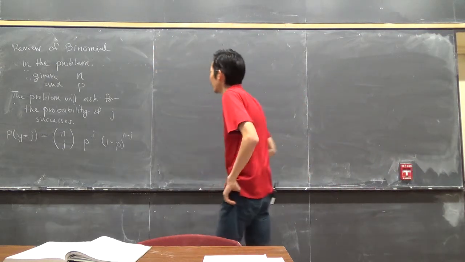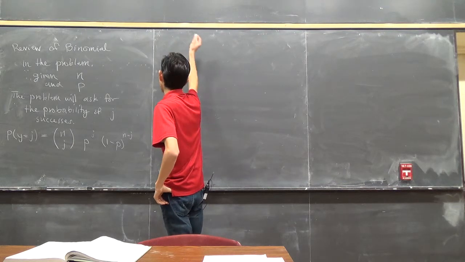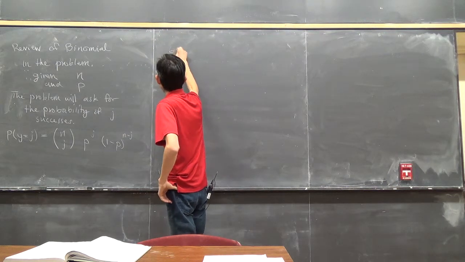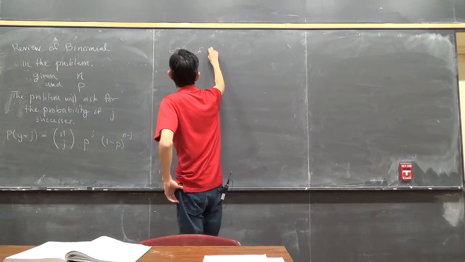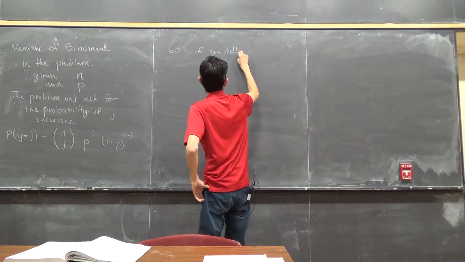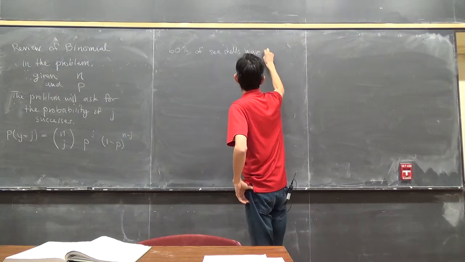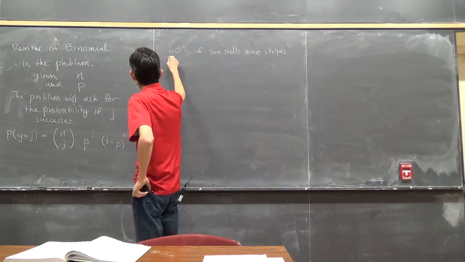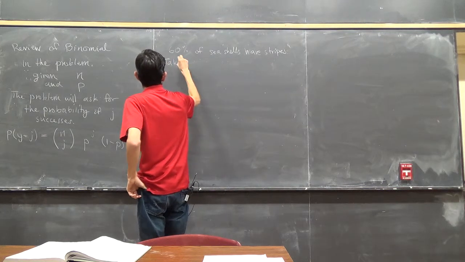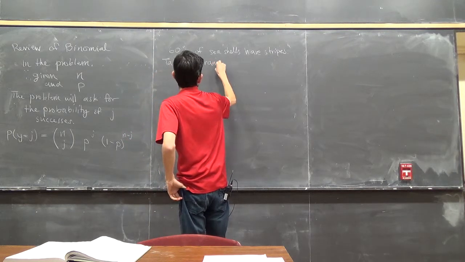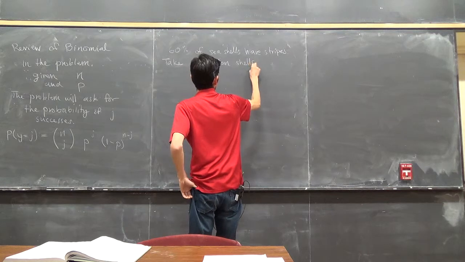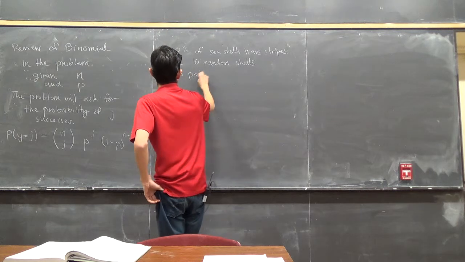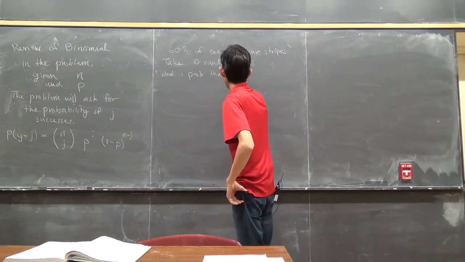One from the textbook was something like 60% of seashells have stripes, and maybe you take 10 random shells, and then it asks, what is the probability that 6 have stripes?